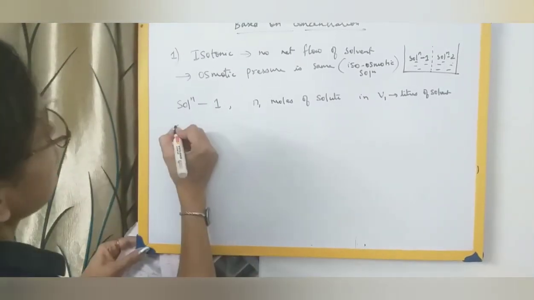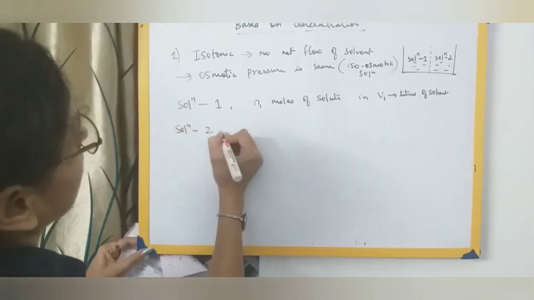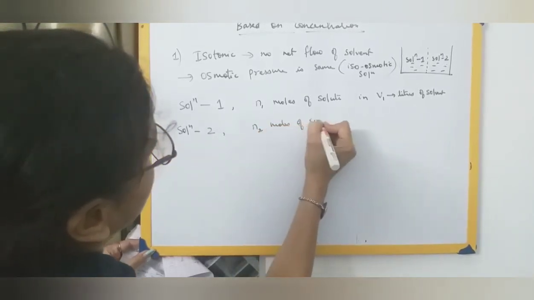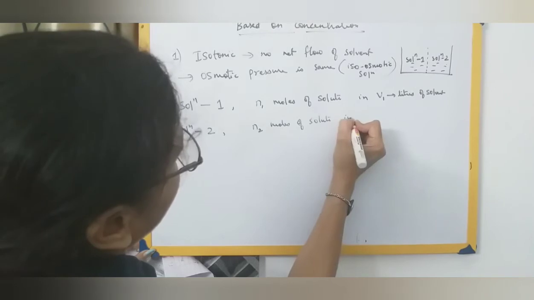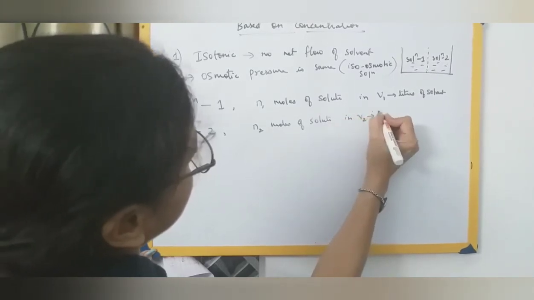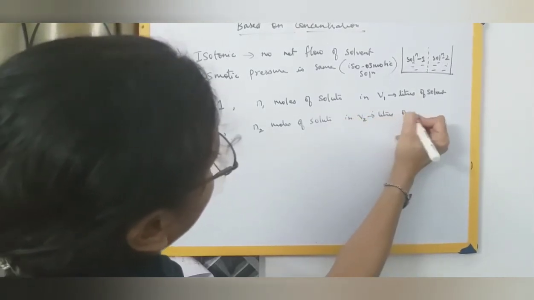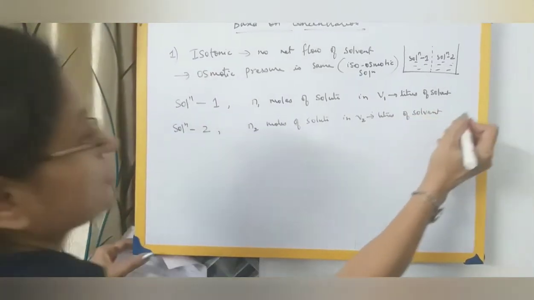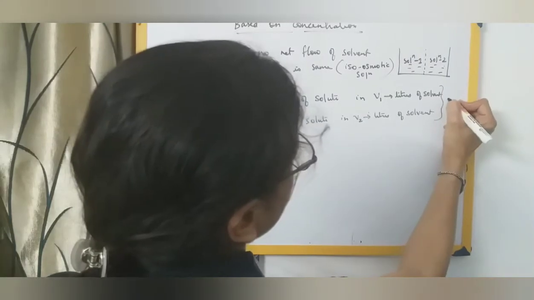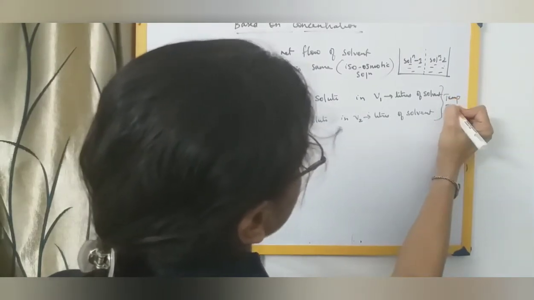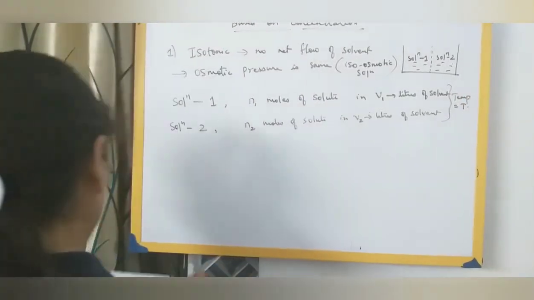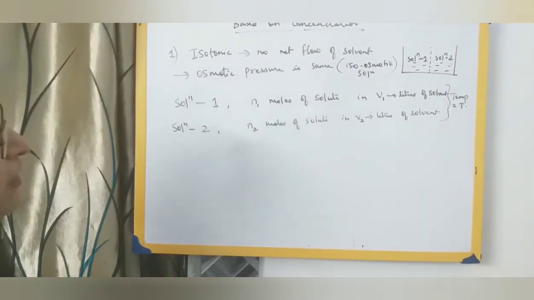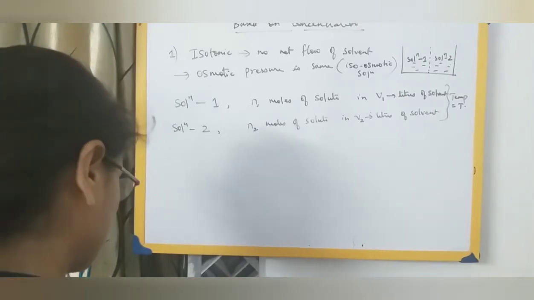Let's consider solution 2, and this will be N2 moles of solute present in V2 liters of solvent, and both of them will be maintained at the same, constant temperature. So temperature is equals to T. Let us represent the temperature by T. Now if they are isotonic solutions, what will happen?